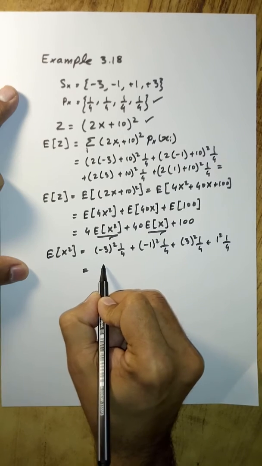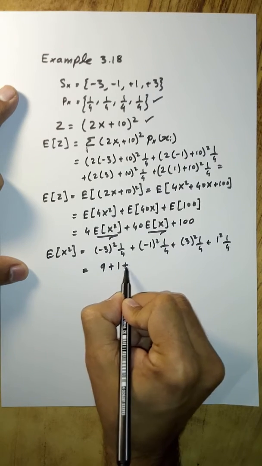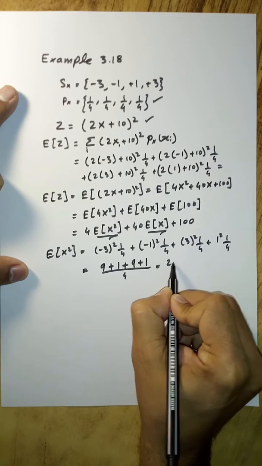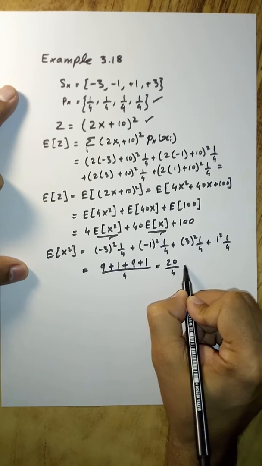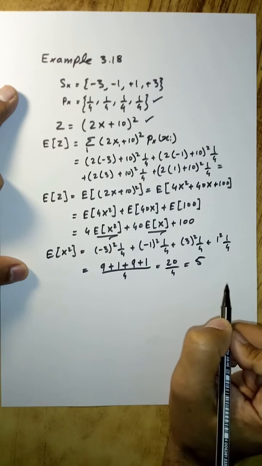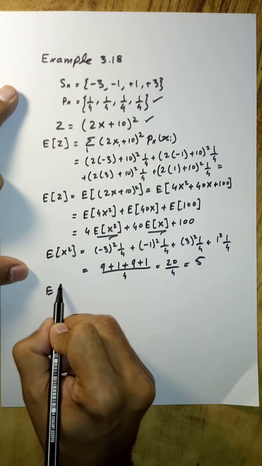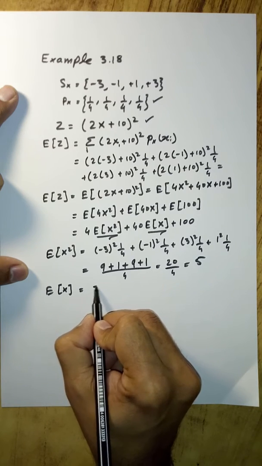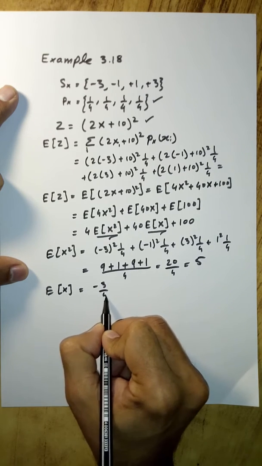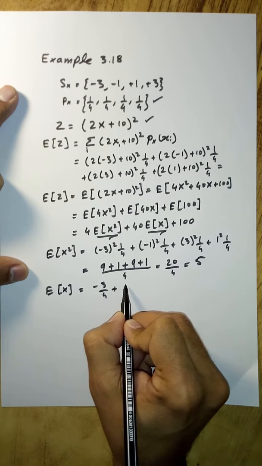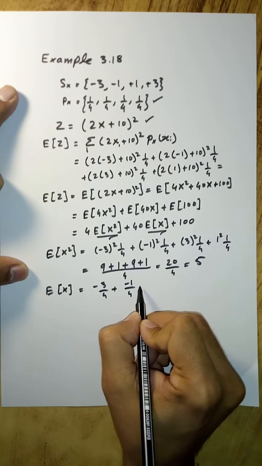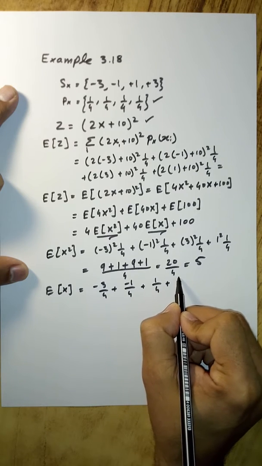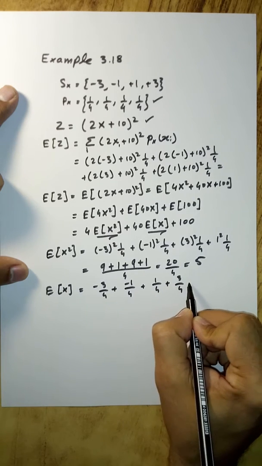So this will be (9 plus 1 plus 9 plus 1) divided by 4, which is 20 by 4, which is equal to 5. And the expected value of x is similarly -3 over 4 plus -1 over 4 plus 1 over 4 plus 3 over 4, which comes out to be 0.